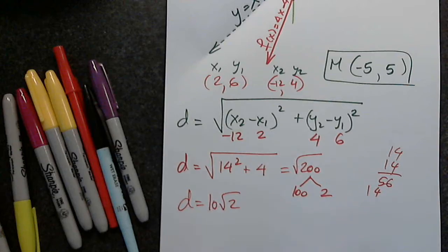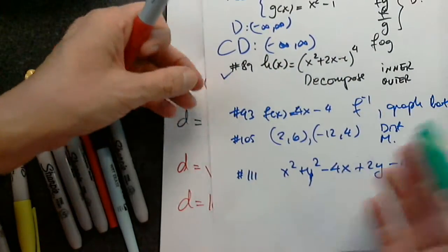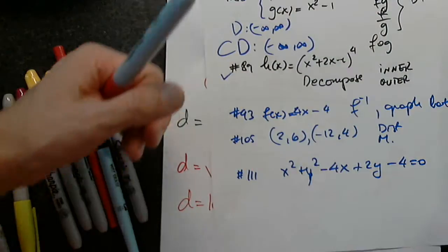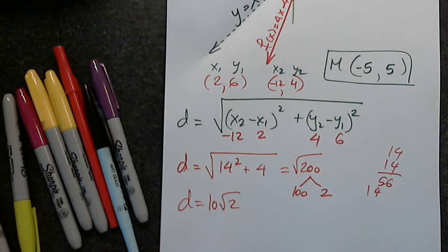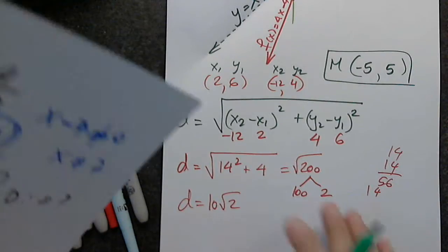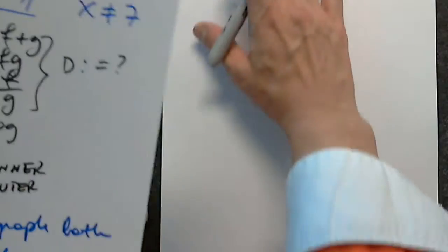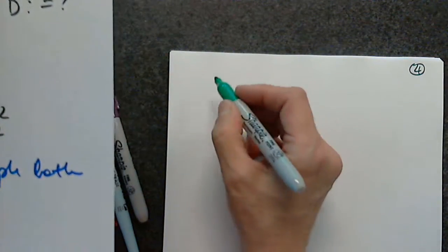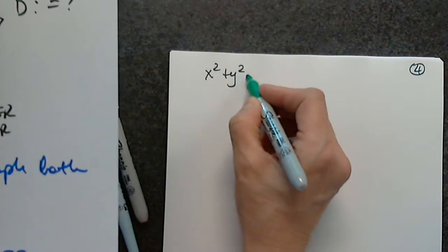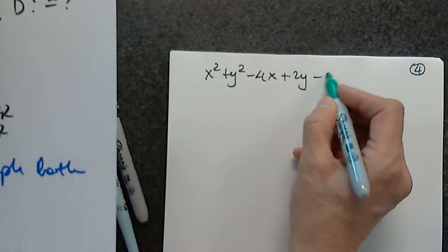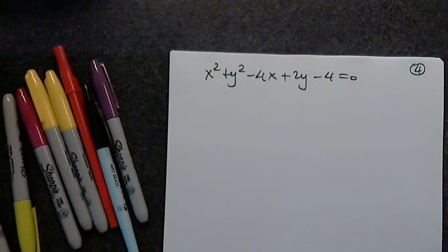Last problem here. We are given this equation, and we're asked, does it represent the equation of a circle? I have no idea. So let's copy it. So this is x squared plus y squared minus 4x plus 2y minus 4 equals 0.